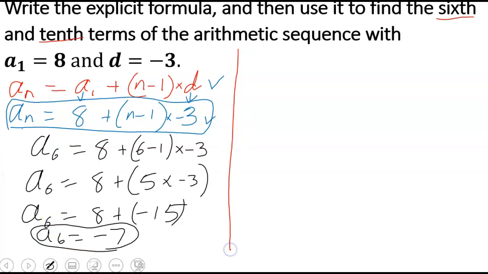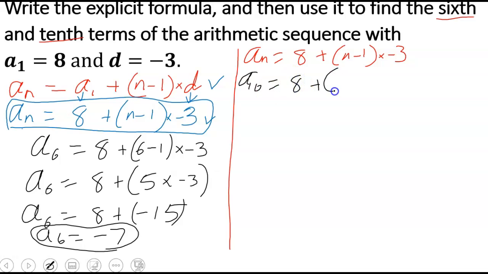And then next we are going to use the same formula again: a_n equals 8 plus (n minus 1) times negative 3. And then we're going to find the 10th term. So a_10 is going to be 8 plus (10 minus 1) times negative 3.